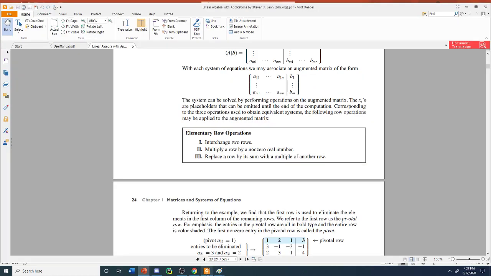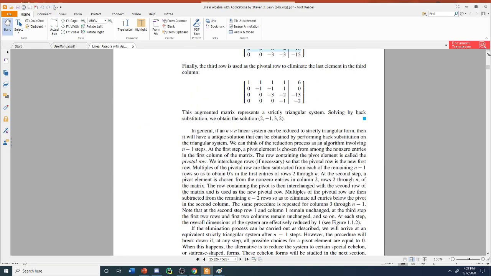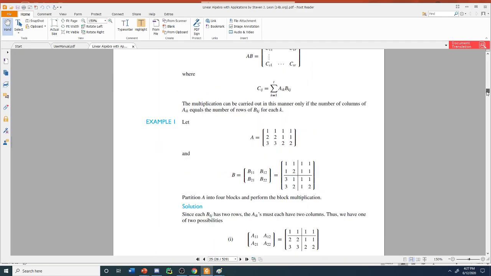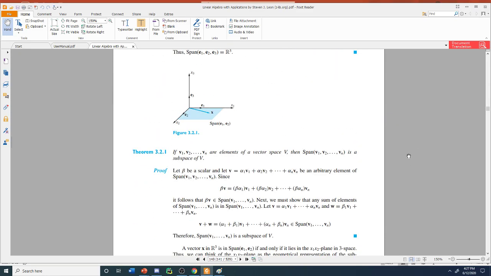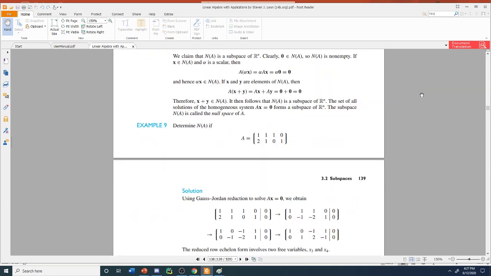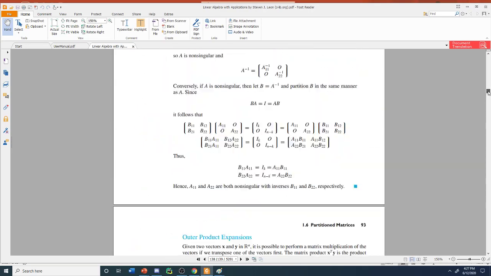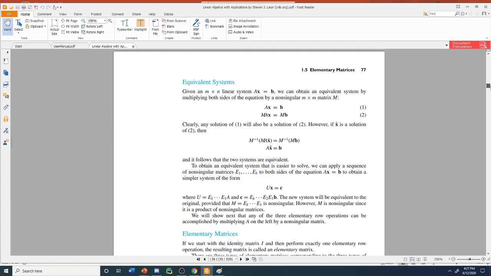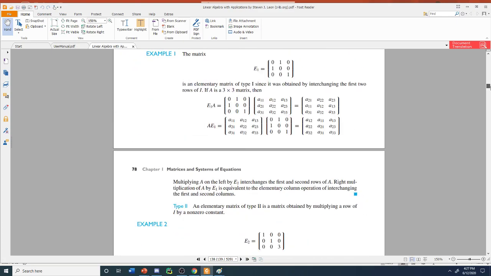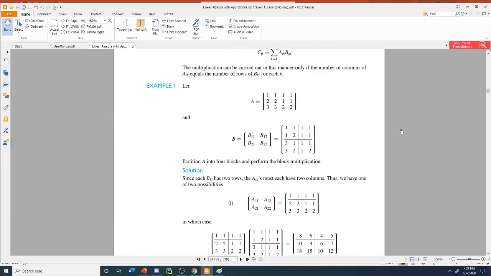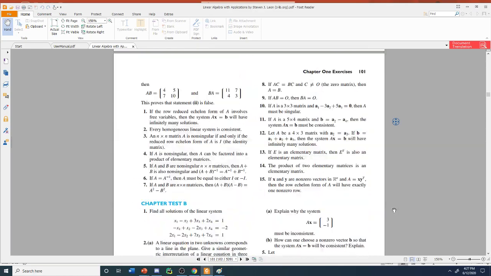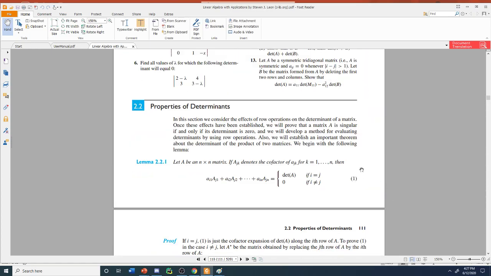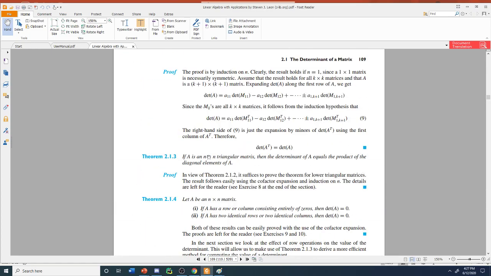Well, we know something from last time. Let me remind you guys. If you have a triangular matrix, then the determinant of that triangular matrix equals the product of the diagonal elements.